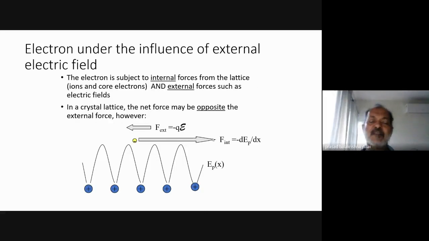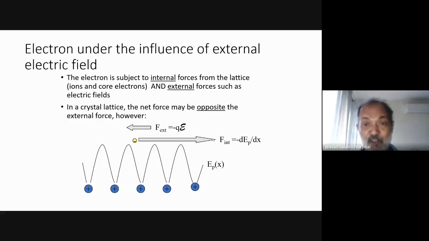See, the electron is moving. For example, you are applying an external electric field. Newton's law says that when force is applied, acceleration will be there, proportional to the force applied. But there are internal core atoms and ions, and they can influence the motion of the carriers.